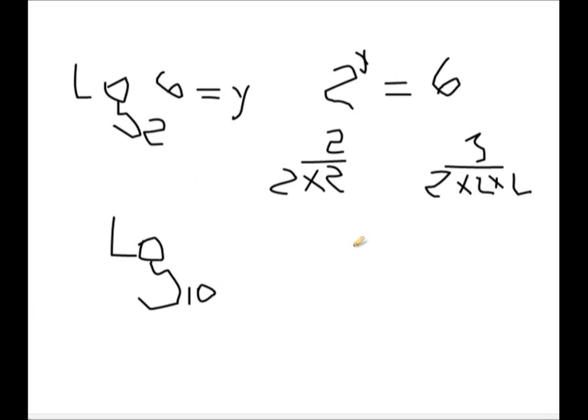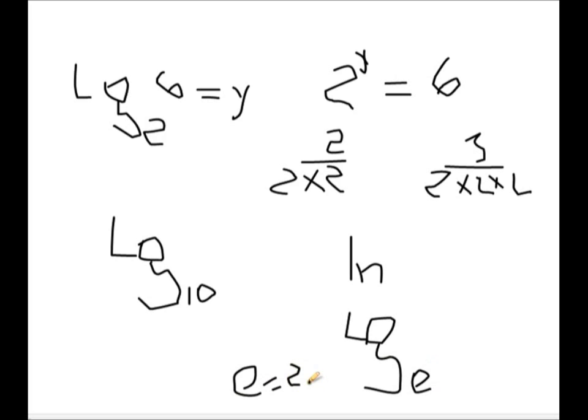You got another log also. This is ln. This ln means log with base e. This number e is equal to 2.71 approximately. So what you got in your calculator is 2 logs.